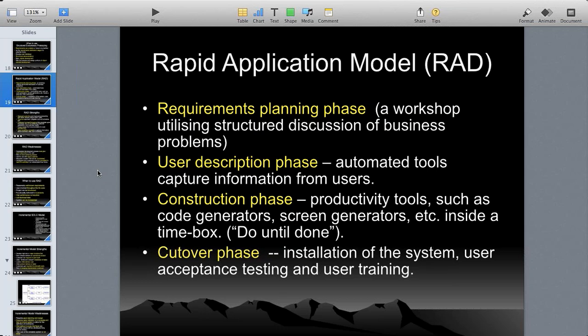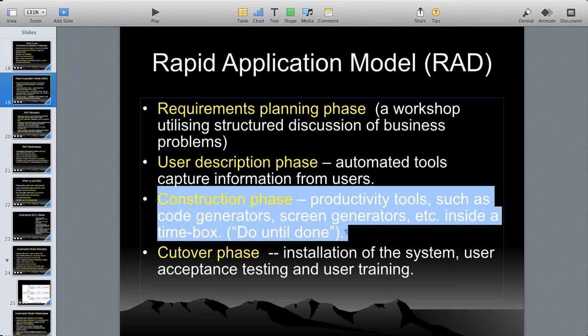Overall 6 months. But here, requirement gathering is only 10 days, not 1 or 2 months. How is that possible? By conducting this workshop. That is what speeds up the work. We speeded up the work. That's it. Understand? Yes, correct.